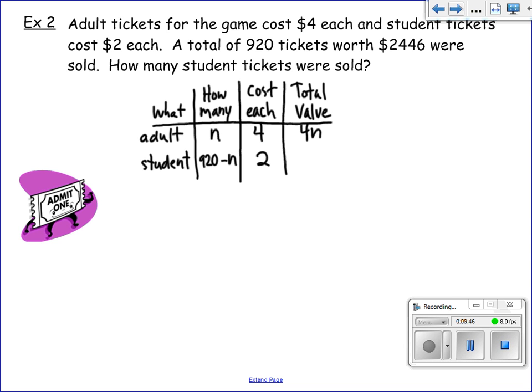Student tickets, there's this many, and they cost $2 each. What's the expression for their total value? 2 times 920 minus N. Very good. All right. Tell your partner what you think the equation is. I'm hearing you.